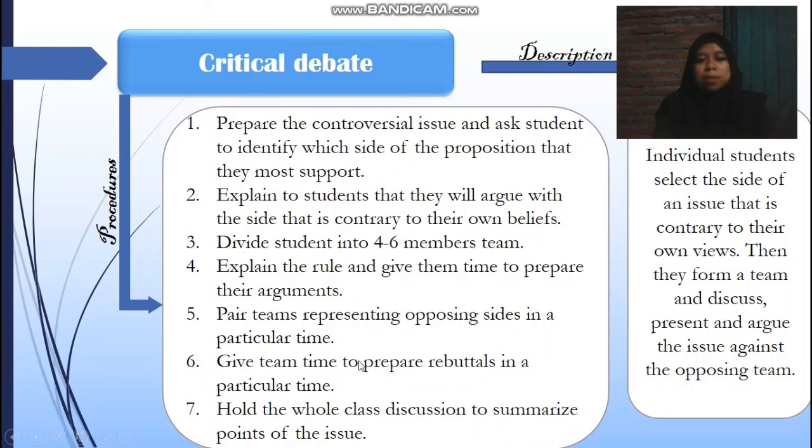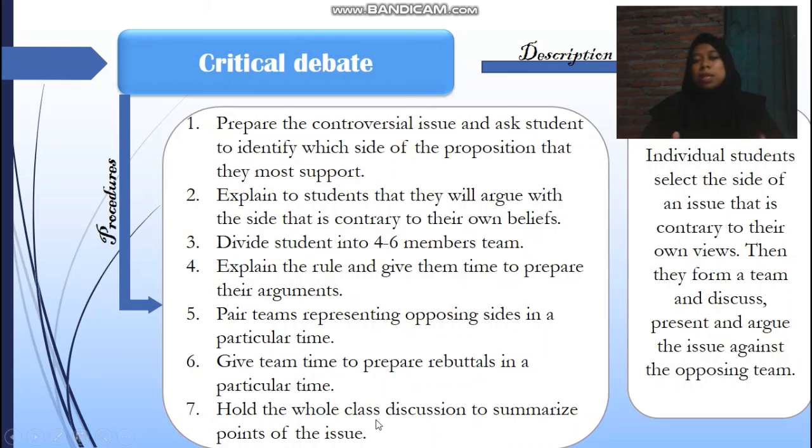And the next is give teams time to prepare rebuttals for a particular time. And the last is hold a whole class discussion to summarize points of the issue. So this is the teacher's contribution in the critical debate.